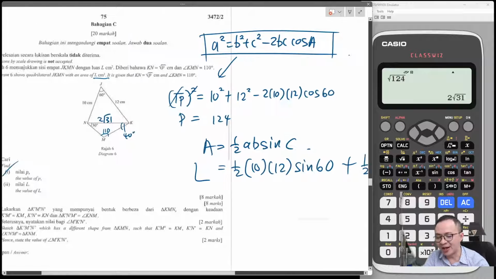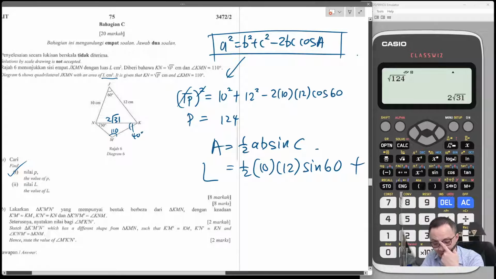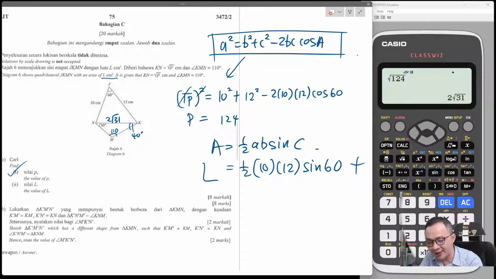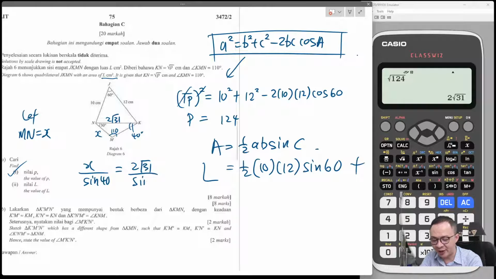Oh my god, second triangle, I need to find one more length. Okay, I want to find MN. I let MN equal X. So X over sine 40, I use the sine rule, equals 2 third 31 over sine 110.